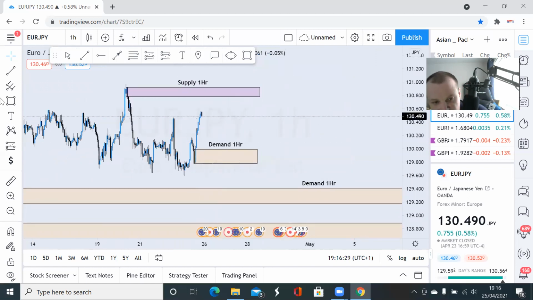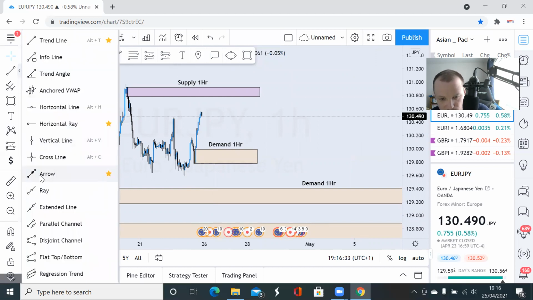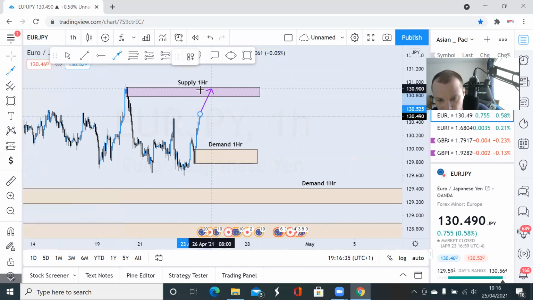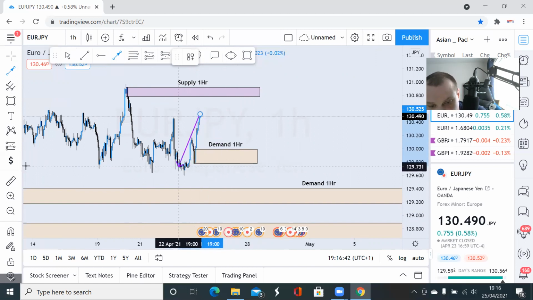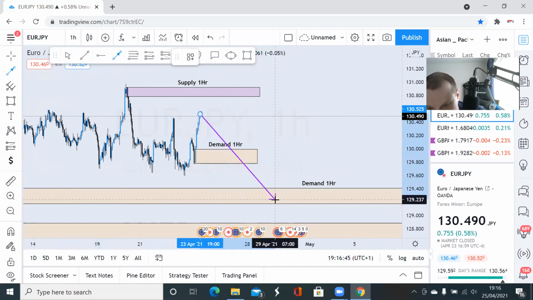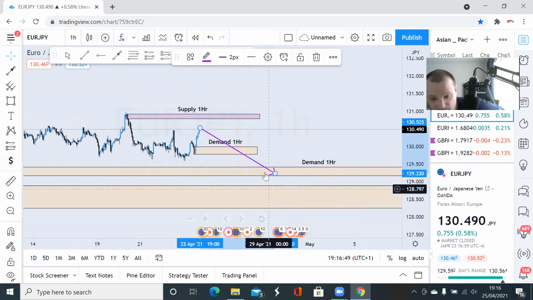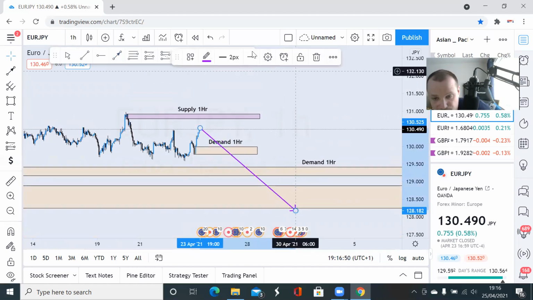So what we've got, if price was to shoot up here, mitigate off here, come down, okay? Because we are on a distribution area at the moment. It may take out the liquidity on the lower side as well and then come to here. And again, if there is a massive move, it may even come down to here, okay?